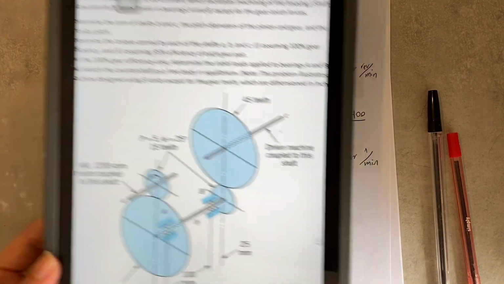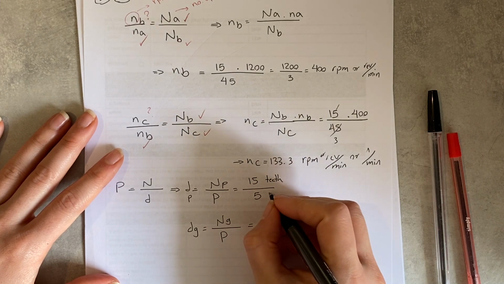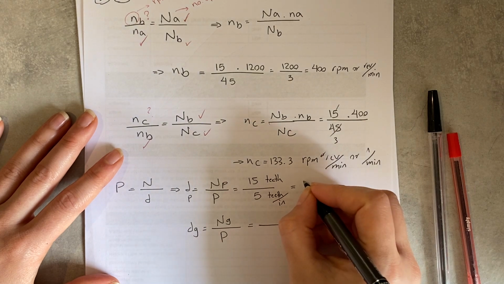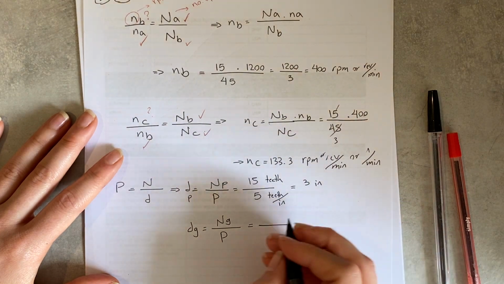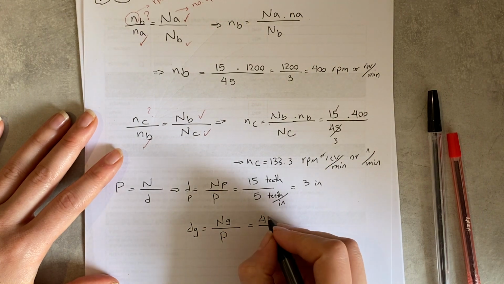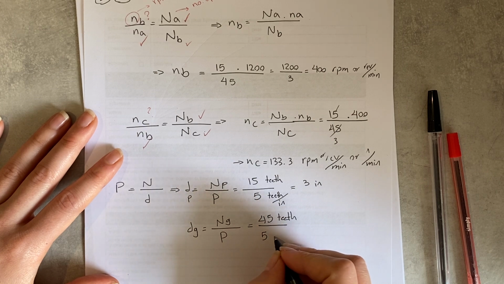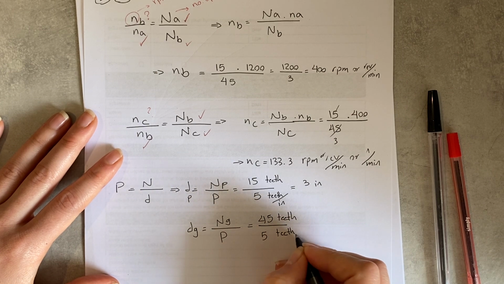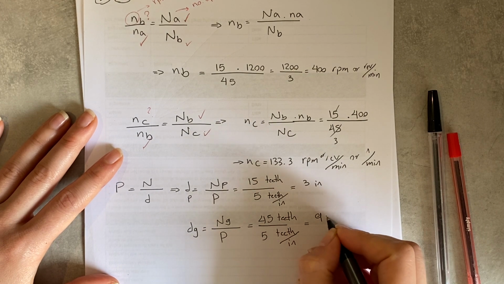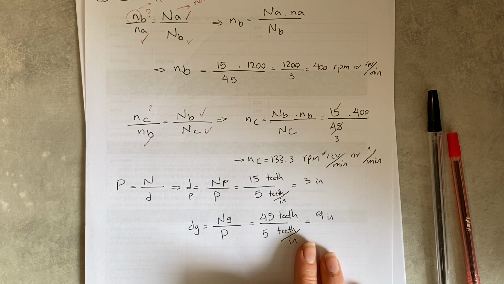It was 5, so 15 over 5, and it's teeth per inch, the unit. So it comes down to 3 inches. How about the gear? We have 45 teeth, same diametral pitch, so it should be equal to 9 inches. All right, we found the diameter as well.